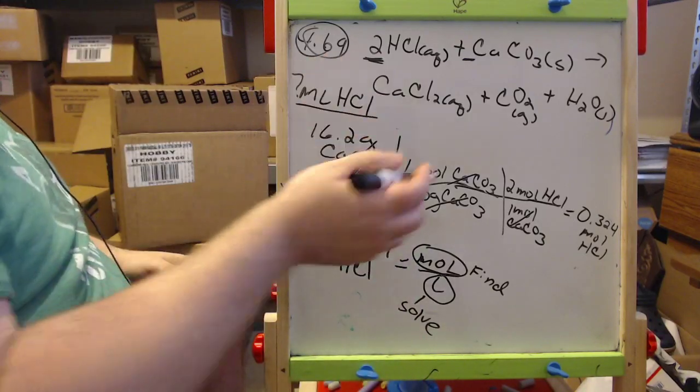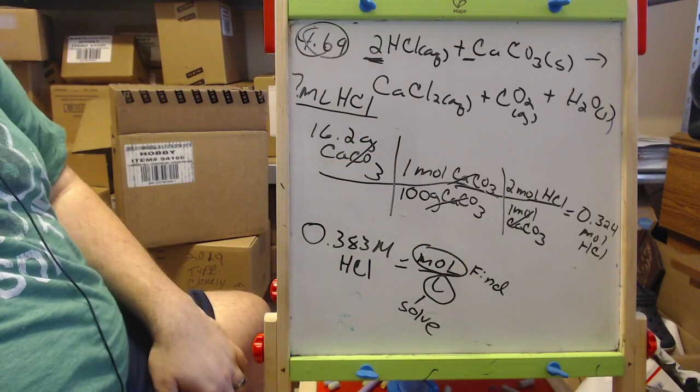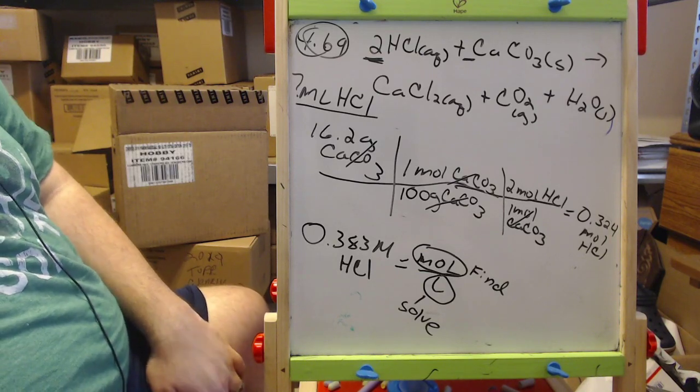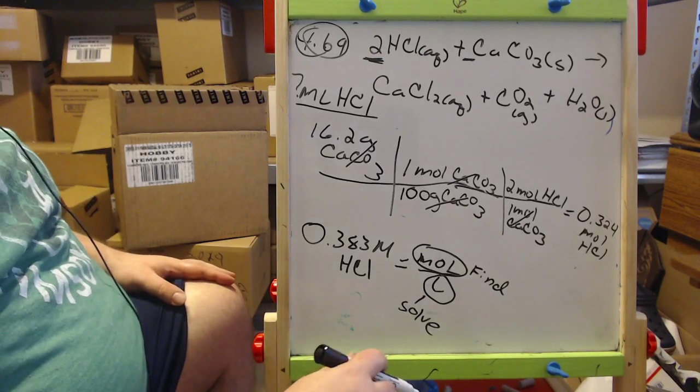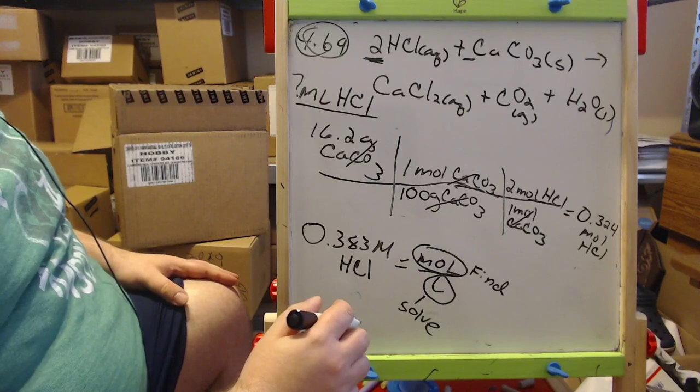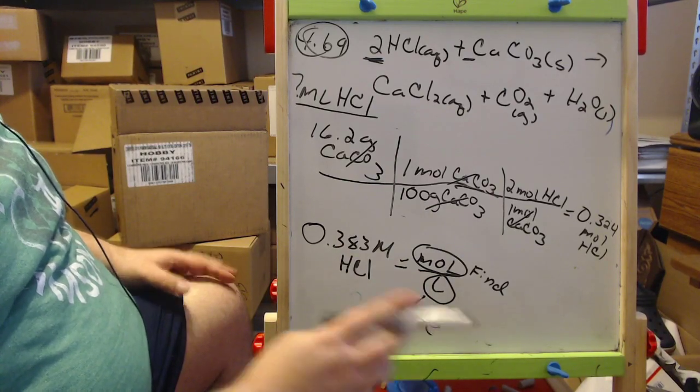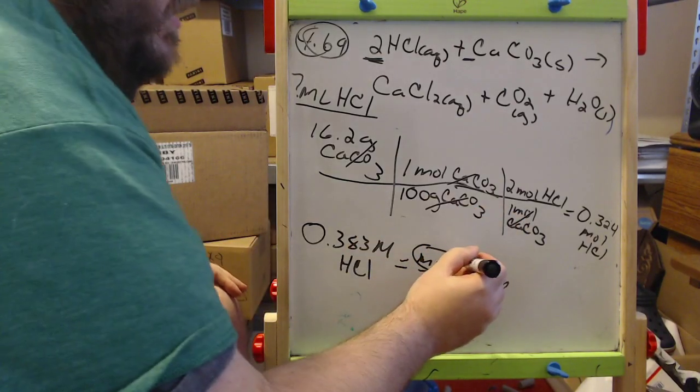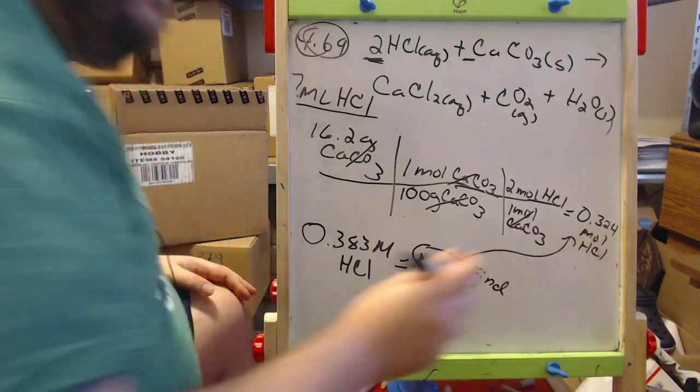Divided by 100 is 0.324. Yep. Okay. Now, I found my moles. All right. I found what I was looking for right there.